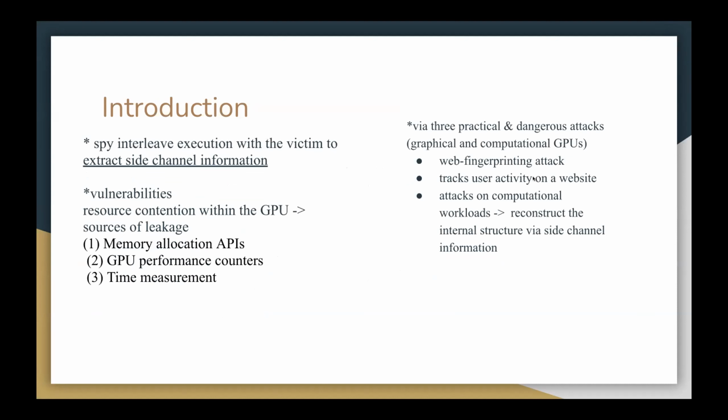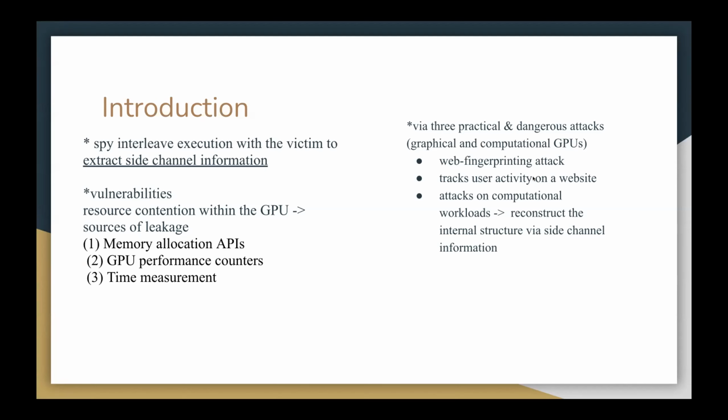The overall structure is that the spy applications can interleave executions with the victims to extract side channel information. These are the vulnerabilities of the applications, along with resource contention within GPUs, which can also be a source of leakage. There are mainly 3 types: memory allocation APIs, GPU performance counters, and time measurements.